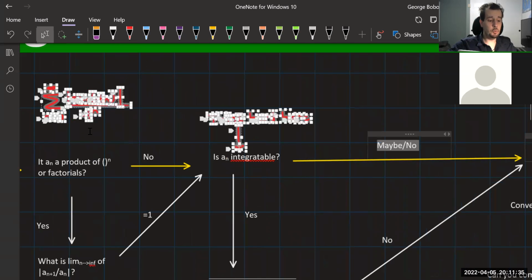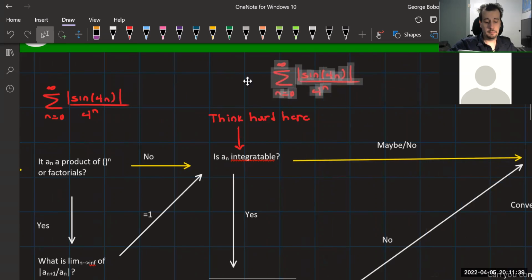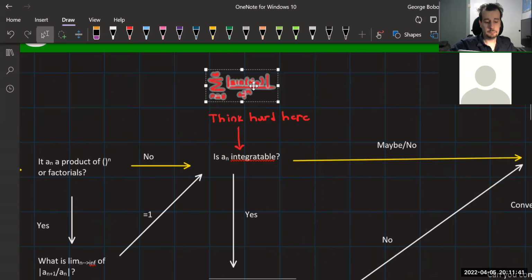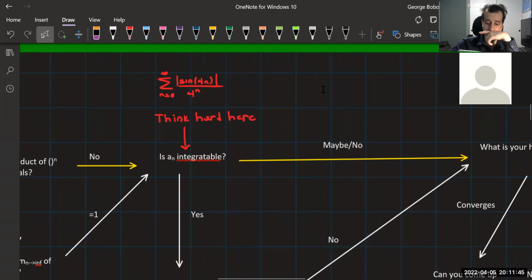Is it integrable? Is this thing easily integrable? Maybe. Well, you have a sine function over 4 to the n right now, okay?